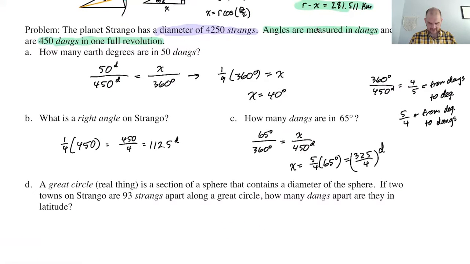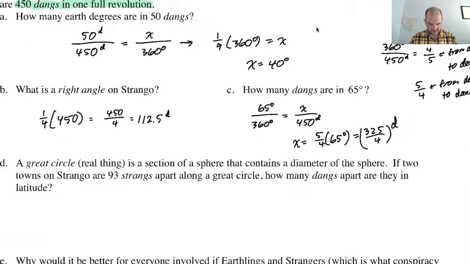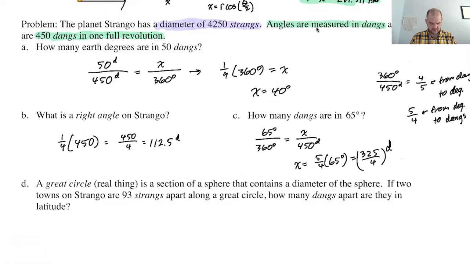So we're using a ton of proportional reasoning here, which is exactly what you end up doing whenever you have all these weird measurements. Now, a great circle is a real thing. Sometimes in the notes I make things up, like the planet Strango. Strangs and dangs aren't really a thing, but why not? A great circle is actually a thing.